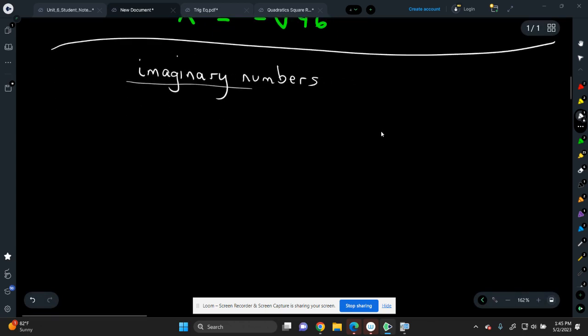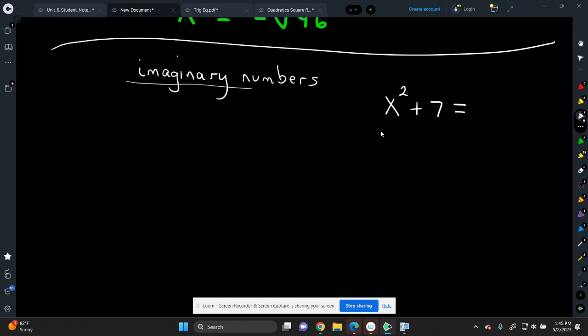So now we're going to talk about what we call imaginary numbers, because sometimes when we're solving an equation, like for instance, x squared plus 7 equals x squared plus 3. So what would we do to solve that? Minus 7. Okay, so we get x squared equals 3 minus 7, which is negative 4.